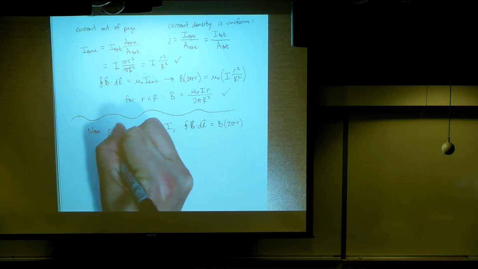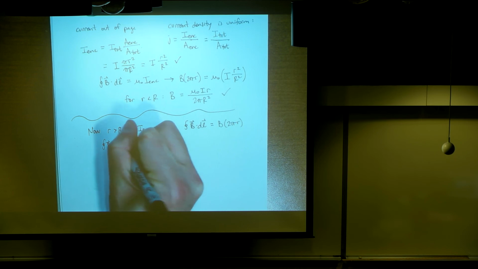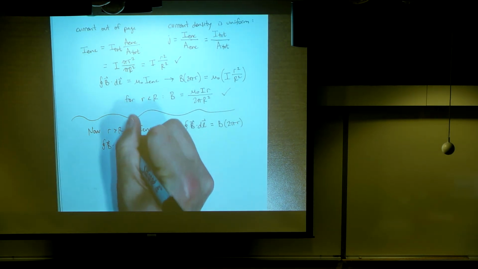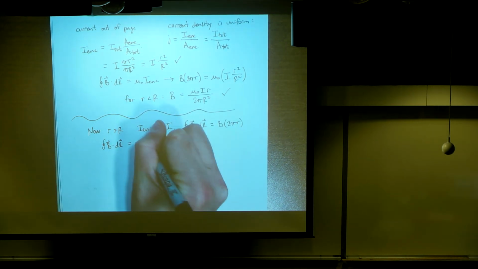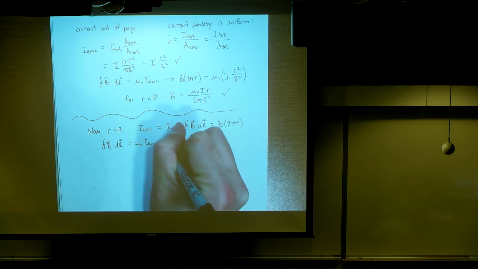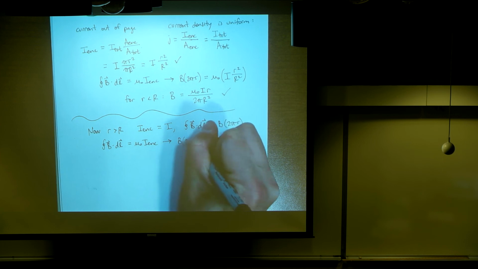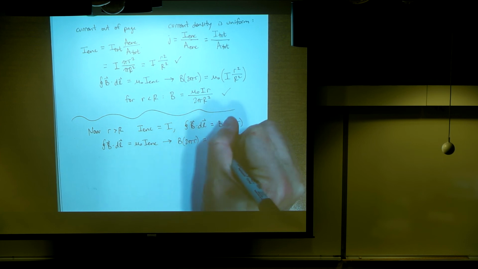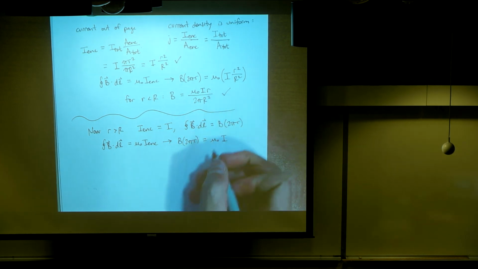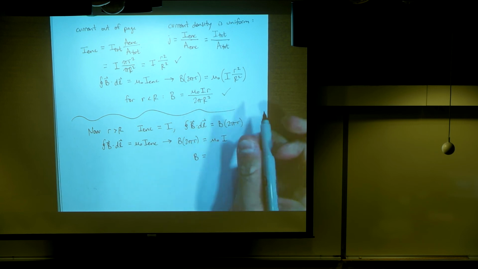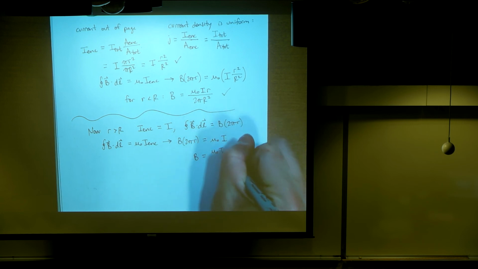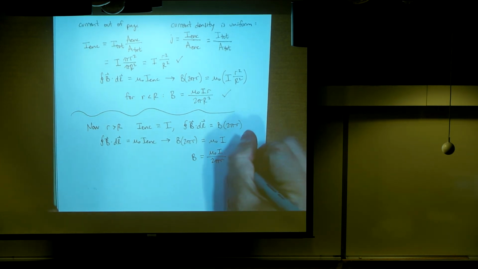We have B dot dl integrated over our loop equals mu naught times the current we're enclosing. So that gives us B times 2 pi r equals mu naught times I, which gives us B equals mu naught times I divided by 2 pi r, just like that, okay?